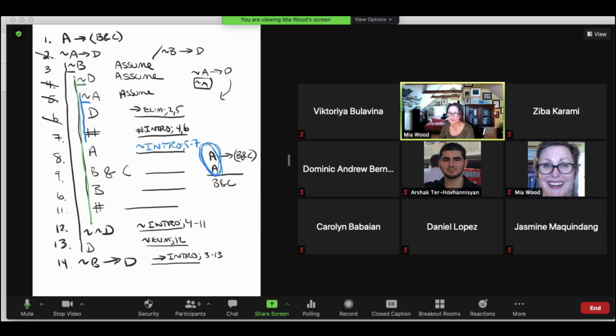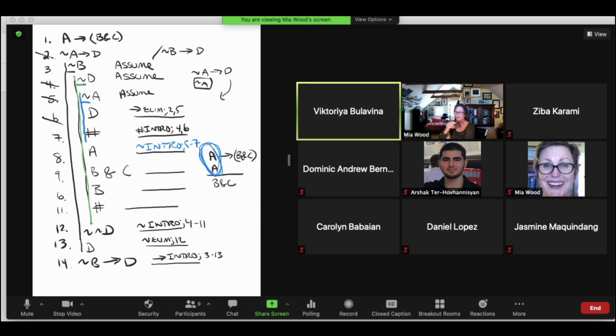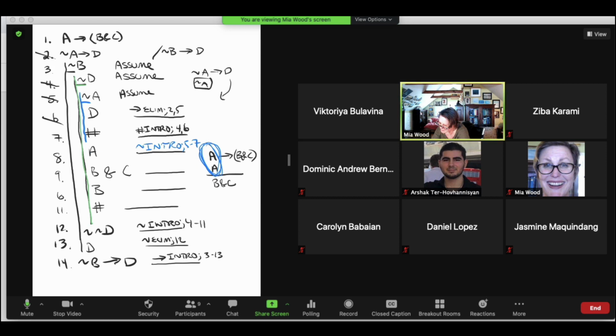So how do we get B conjunction C? Well, where in our premises does the sentence B conjunction C appear? Conditional elim. Beautiful. Conditional elim, 1 and 8, right? Because remember, we have to reiterate, or we have to affirm the antecedent.